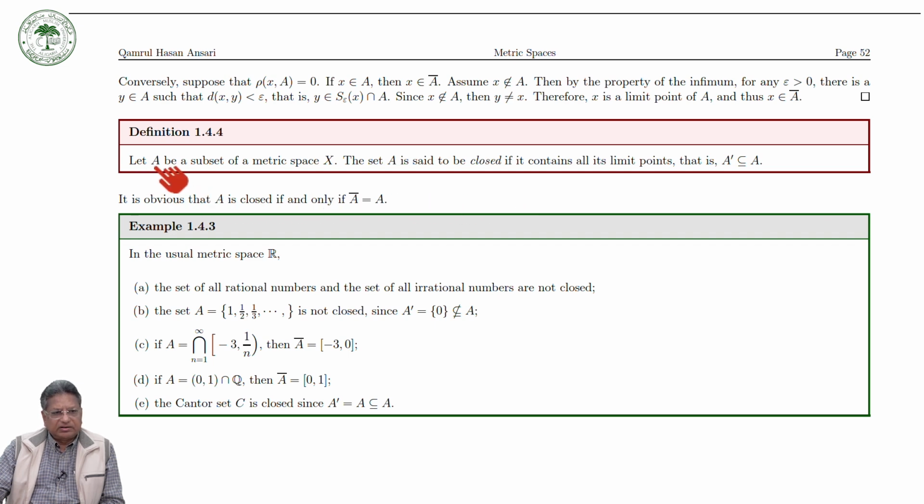A subset A of a metric space X is said to be closed if it contains all its limit points.